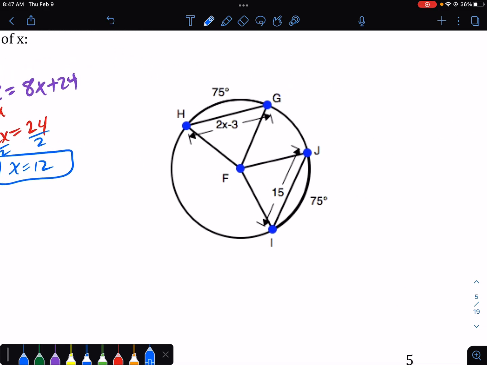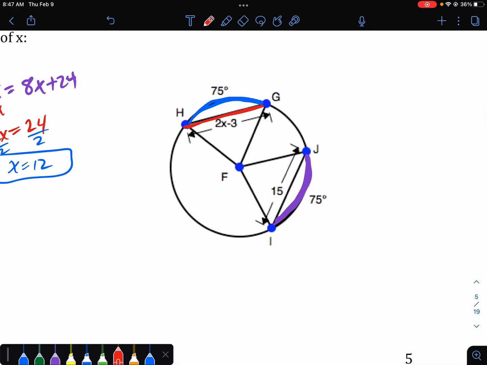If we look at this one, notice we've got two arcs that we're looking at. We've got HG, but we also have JI. Here we know that the arcs, the minor arcs, are congruent. So we know that 75 equals 75. That means that their chords have to be congruent.